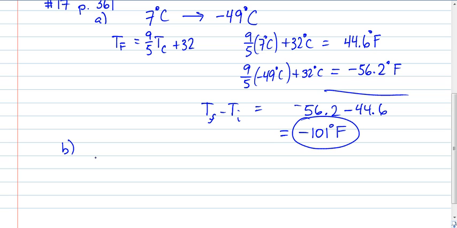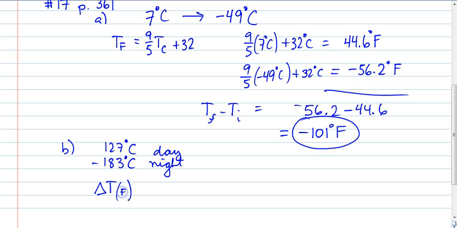It says that the average surface temperature is 127 degrees Celsius during the day and -183 Celsius during the night. What we want to find again is the change in temperature in Fahrenheit, T final minus T initial, where night is final and day is initial.